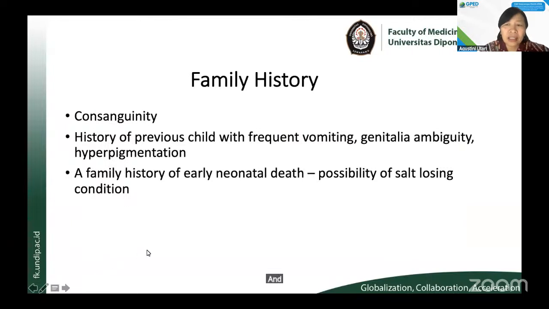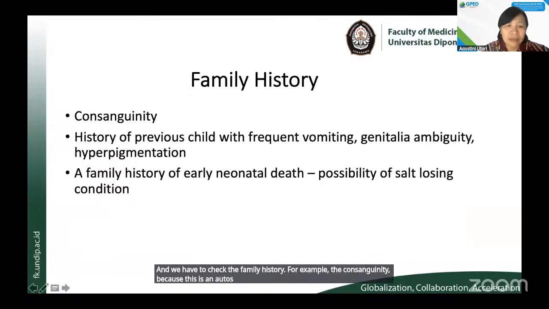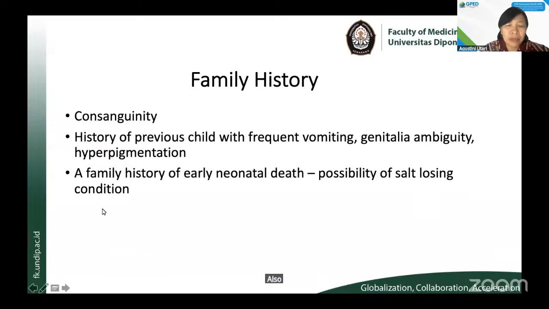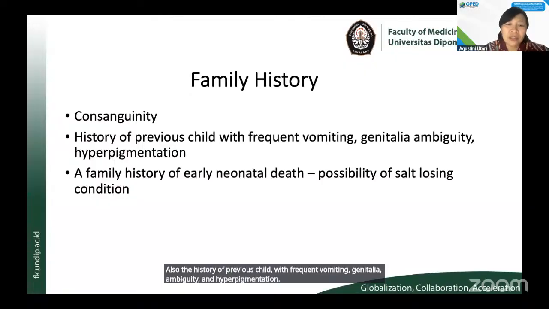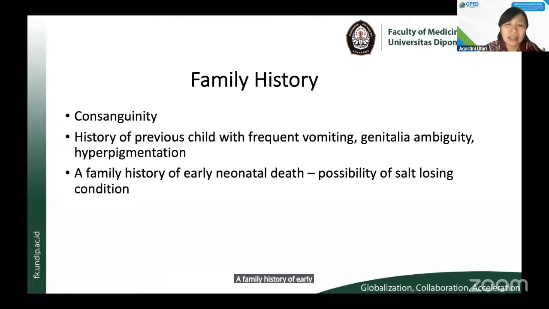And we have to check the family history, for example, consanguinity, because this is autosomal recessive. Also, the history of a previous child with frequent vomiting, genital ambiguity, and hyperpigmentation.